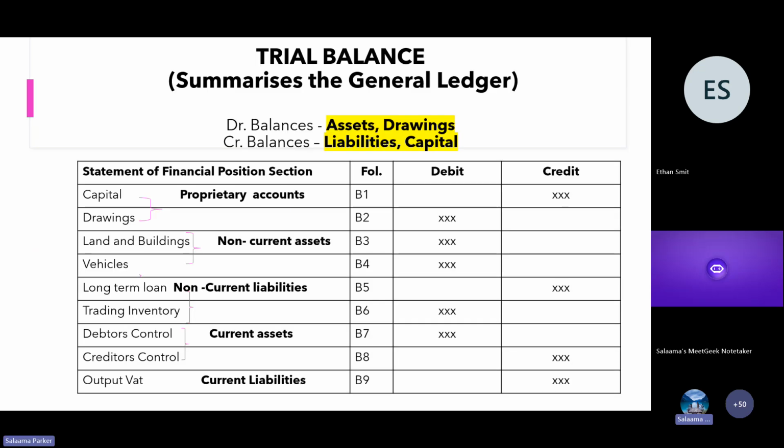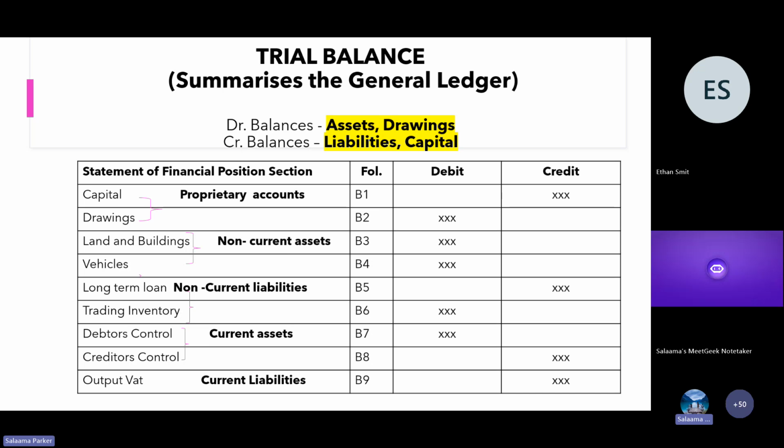So what is your trial balance? What does it do? The trial balance summarizes your general ledger. In our general ledger, what I always try to tell the students is that you can also use your debt click rules if you're unsure of where the balances need to be recorded.